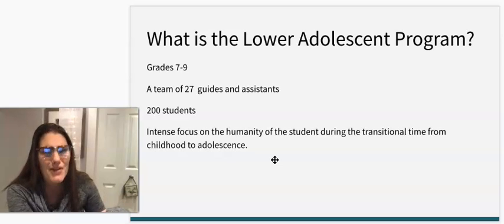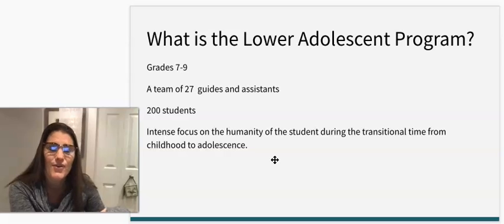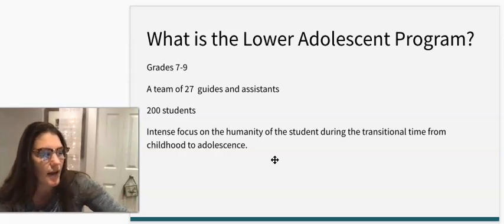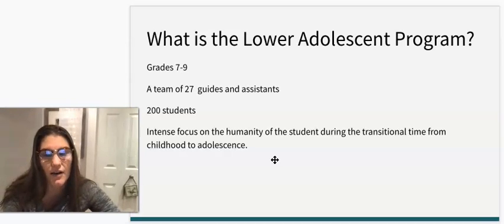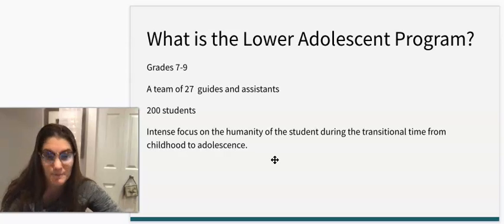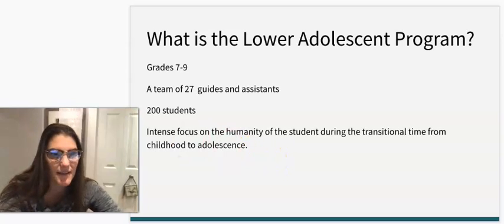And they're really social beings, so we see a lot of collaboration, a lot of group work, and we're bringing that through right now in the form of breakout groups and shared Google Docs and all sorts of different ways. So that's lower adolescent.